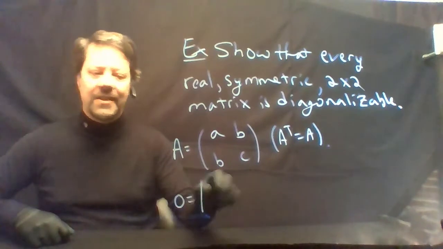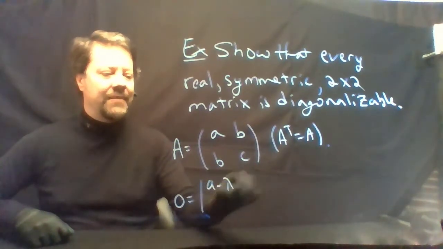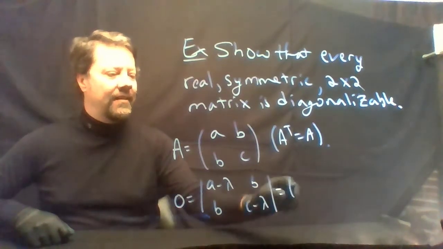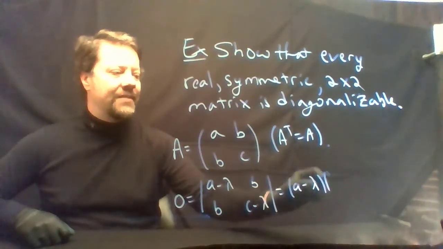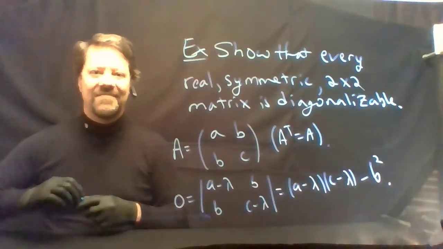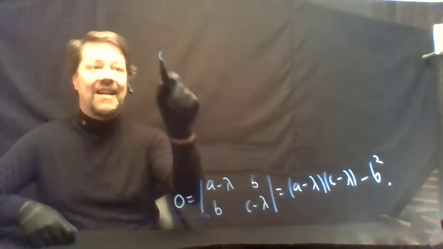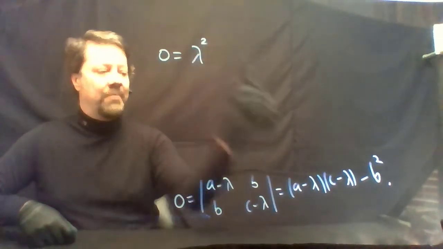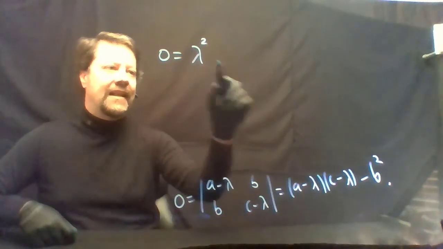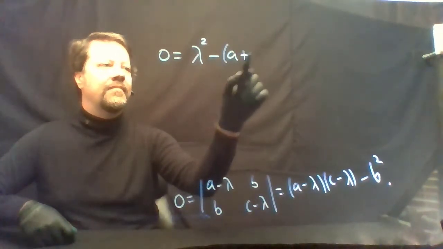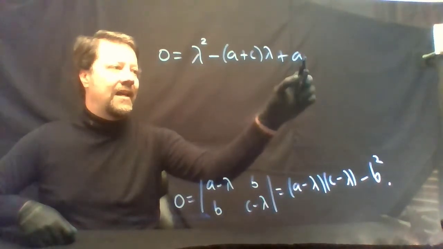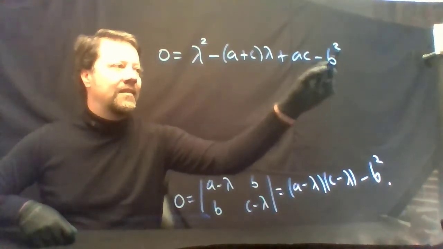First, the characteristic equation. We'll have A minus lambda, B, B, C minus lambda. This gives us A minus lambda times C minus lambda minus B squared. Boiling this out, we have a positive lambda squared. We'll have a negative a and a negative c lambda. Then we have plus ac minus b squared.